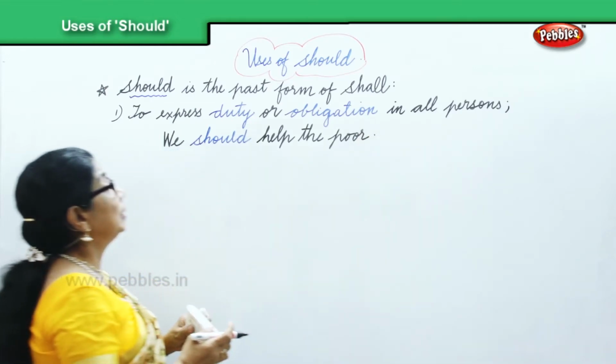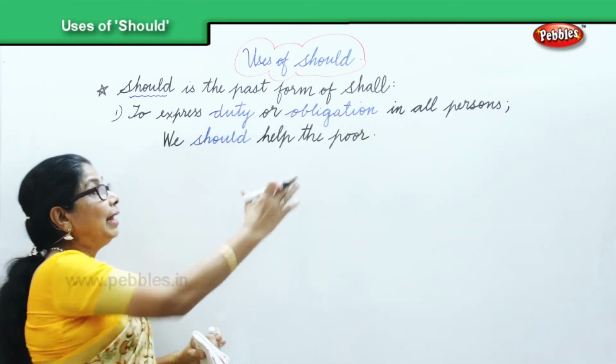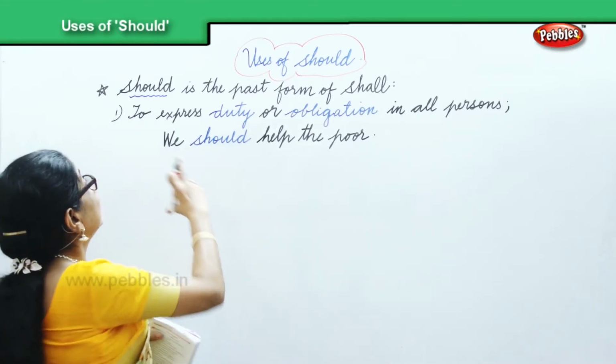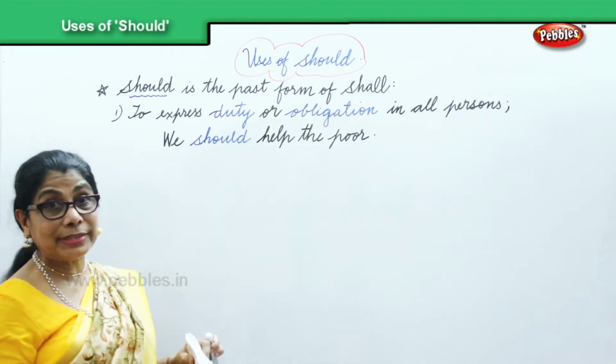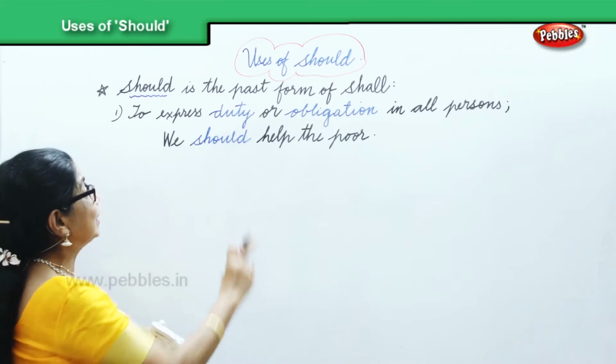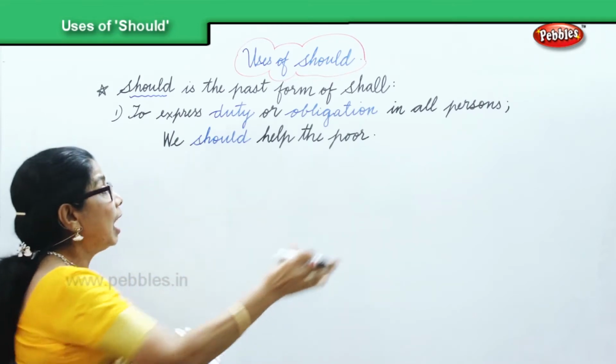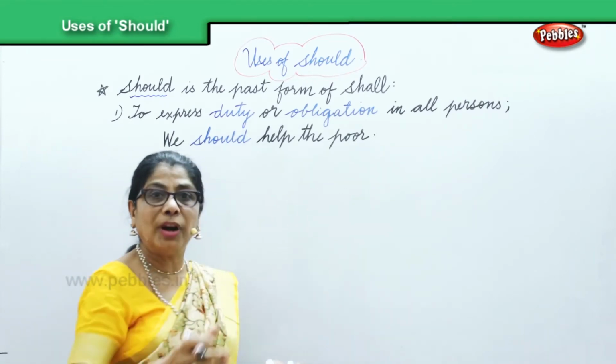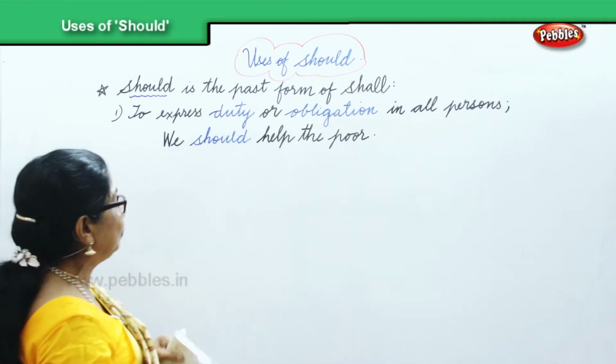Should is used, the past form of shall. We shall help the poor. But the should is used here to express duty, obligation, our obligation to the poor. We should help the poor.